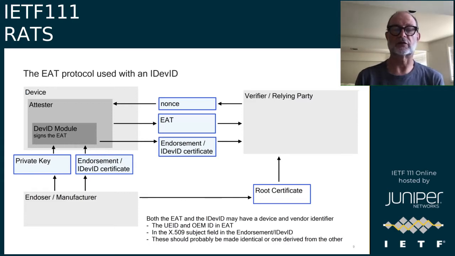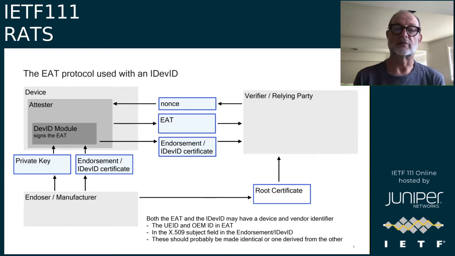Then the attester is something that surrounds or is larger than the DevID module. A nonce comes from the verifier or the relying party, and here I've just collapsed the verifier and relying party for simplicity. You can have that fully expanded too, but it wasn't necessary here.